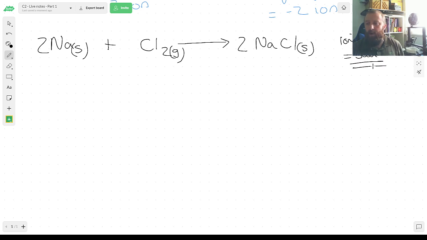So when I'm using this definition, I'm not just talking about the thing you put on your chips. I'm going to be using salt as a term for any ionic compound that we can generate through an ionic reaction. And that's quite specific. Sodium chloride is just one type of salt. Most salts are going to be inedible. A lot of them are going to be toxic. So we can't just use the word salt in chemistry as something that we can eat.